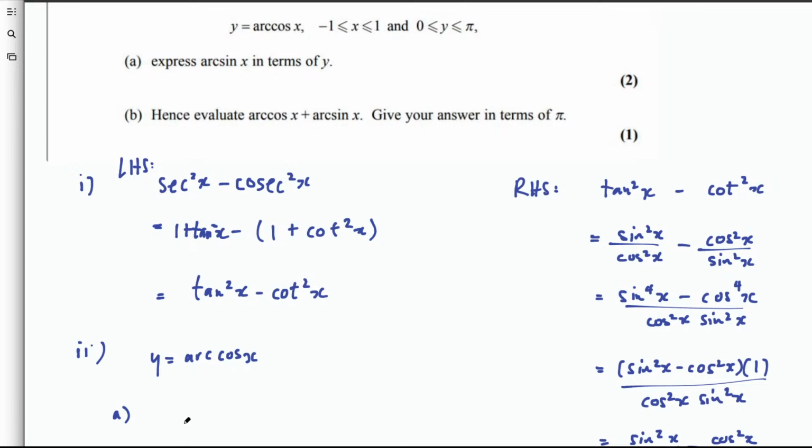Ooh. Well, the first thing I see to do is we can say that cosine of y equals x. Then what could we do?